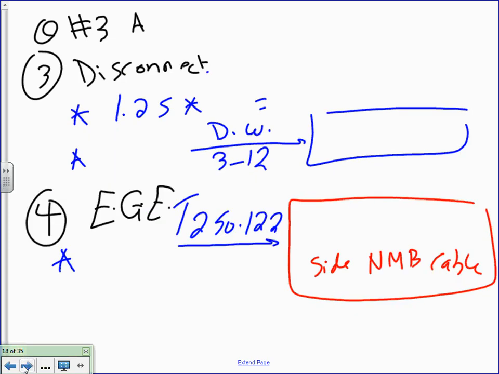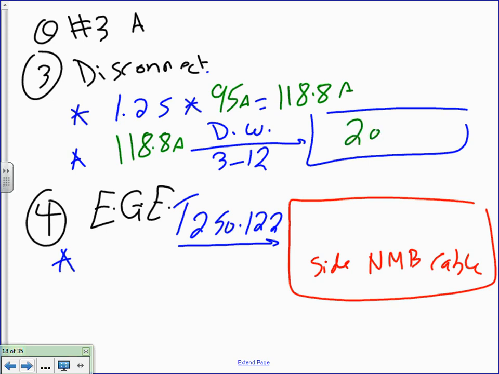Okay, disconnect. Same way, 95 amp, 118.8 amps. Table 312, I think it's 200 here. Anybody can check? Your disconnect is going to be 200 amp.